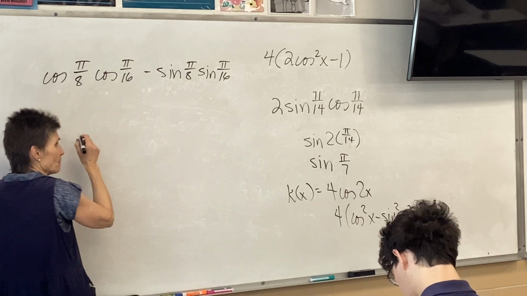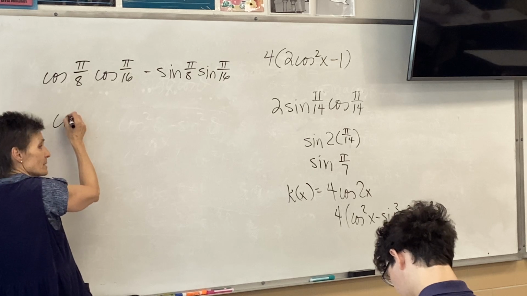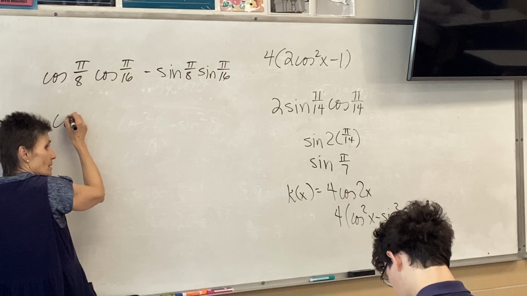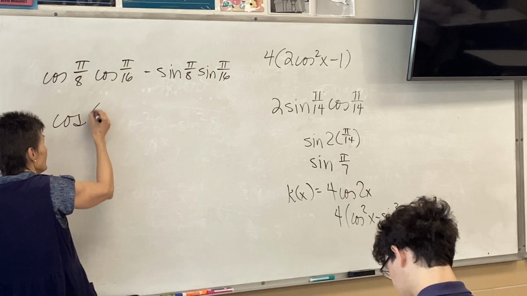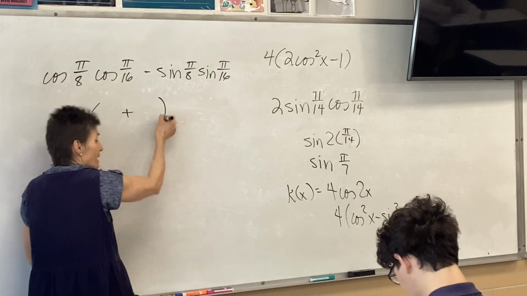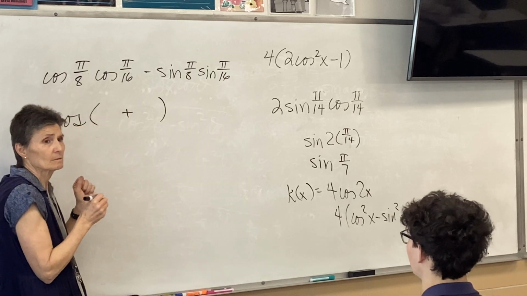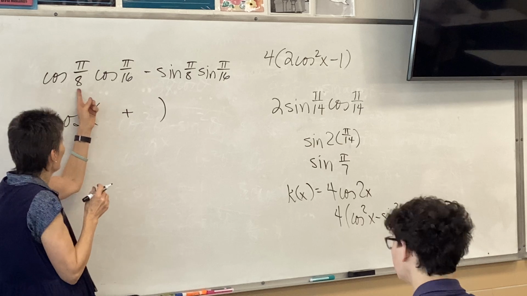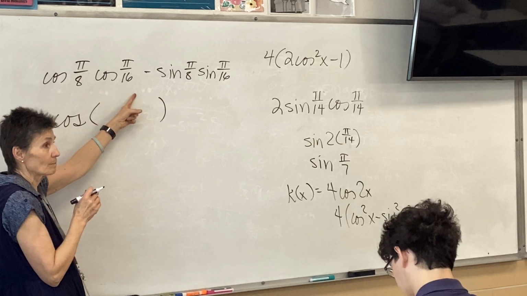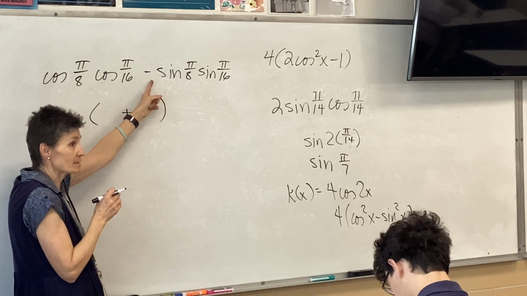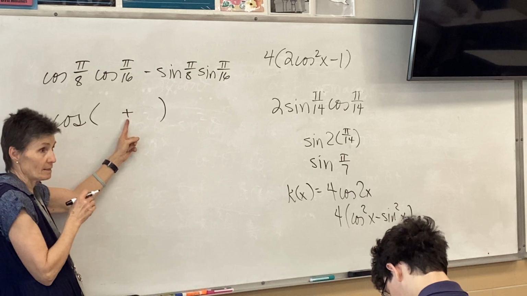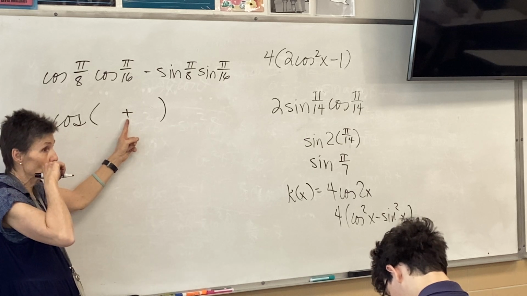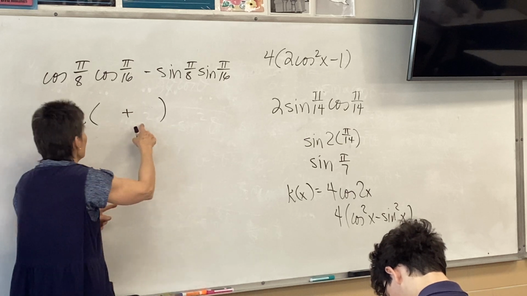What is that? That's not double angle, that's the sum and difference identity, cosine. That's cosine of angle plus angle. This is like your alpha and beta. And that's a minus in the pattern, so the formula is a plus. Now, what are my alpha and beta?